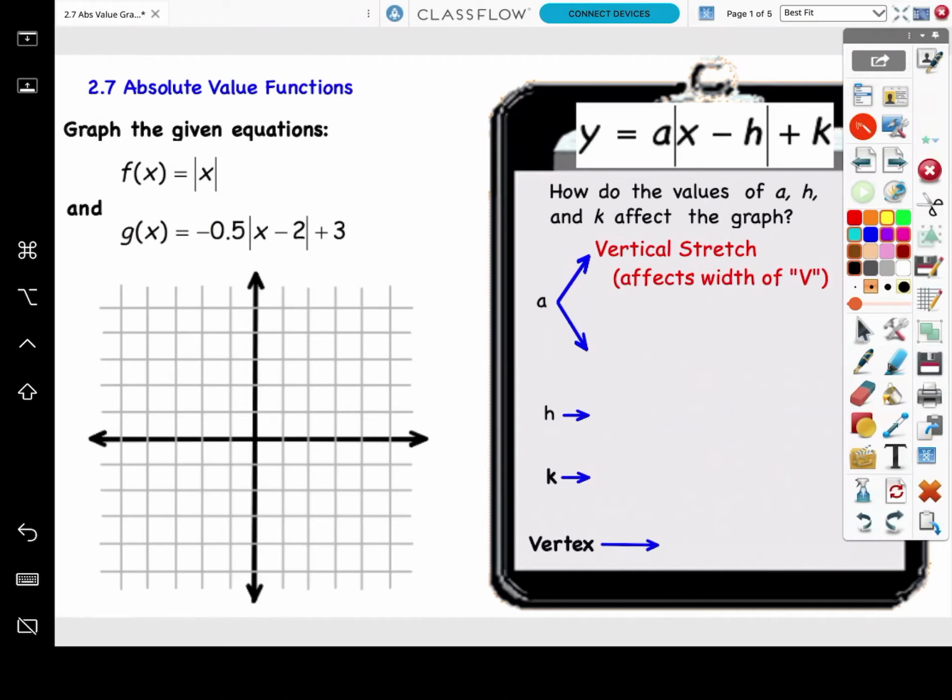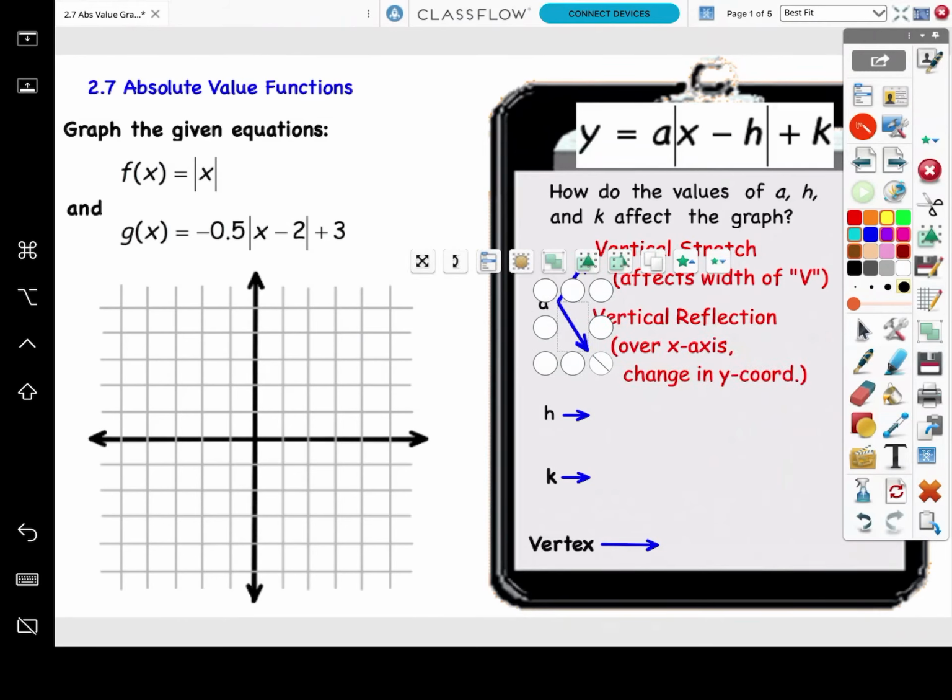So a affects the width, or we call it a vertical stretch. A vertical stretch would change the slope of the right-hand and left-hand sides of that V shape. And a can also do super fun things like a vertical reflection.